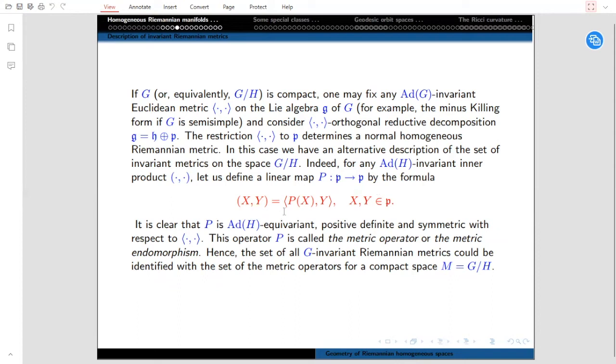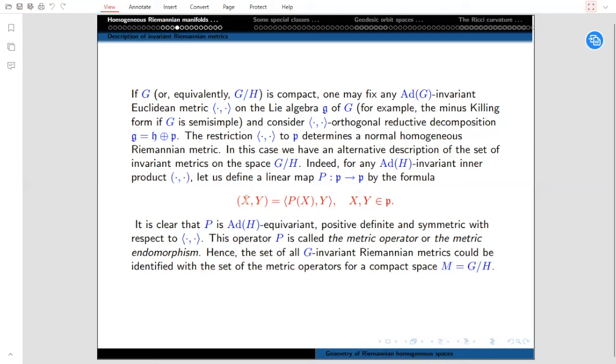It's easy to see that they are connected by some operator P, which is a map from p to p. Moreover, this is a symmetric operator with respect to the original inner product, and positive definite because we deal with a Riemannian metric.